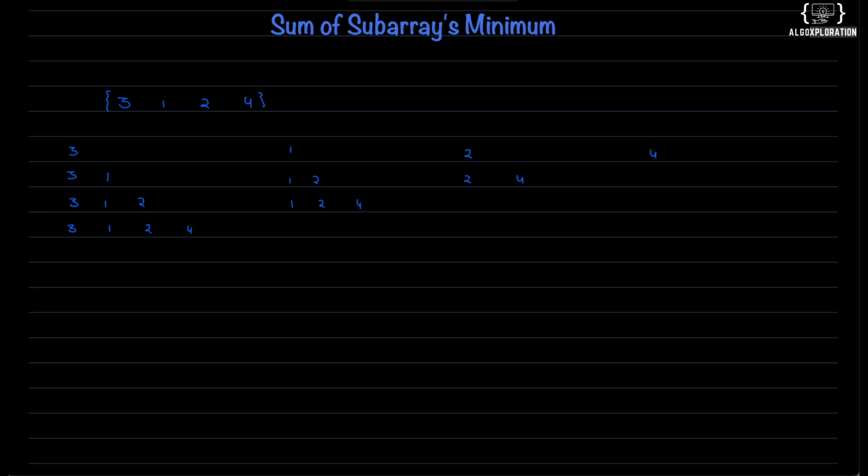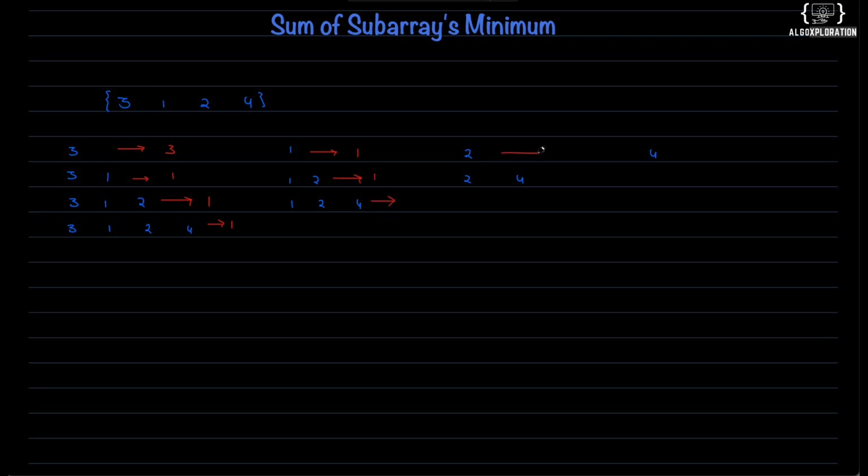Now, if I try to find the minimum of this first subarray, it will be 3. Then this will be 1, this will be 1, and this will be 1. So here you can see that in these subarrays, the minimum is 1. Now for this, it is 1, this is 1, and this is also 1.